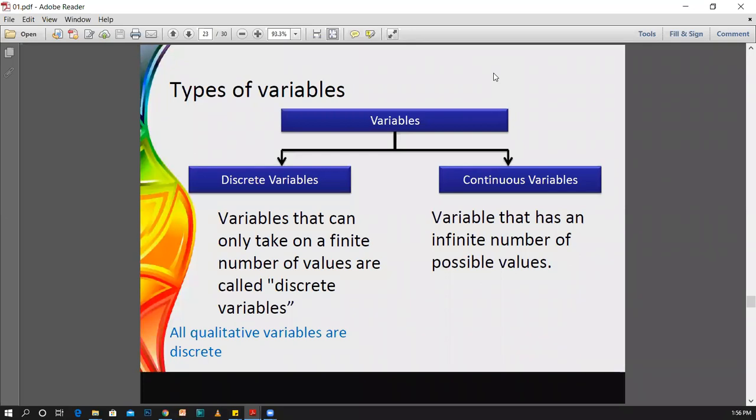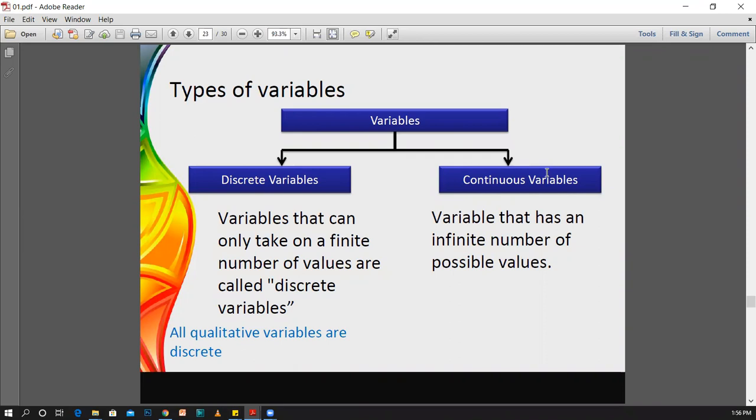It is white, black, brown, red. Likewise, you may have colors, but those are just discrete values. In between white and black, you cannot say blue is in between these two. We cannot comment that way. Therefore, all the qualitative variables are said to be discrete variables.